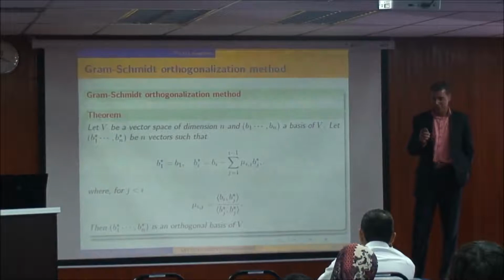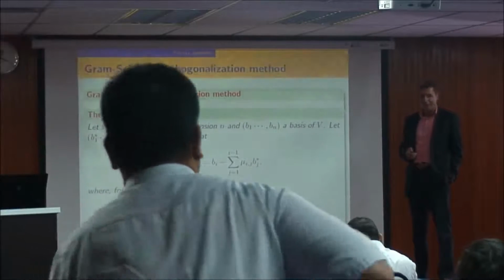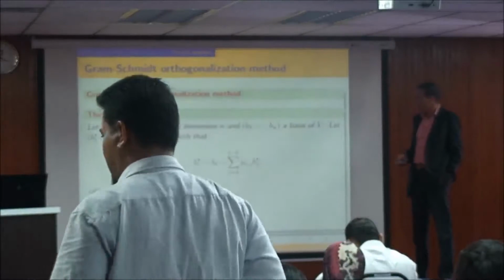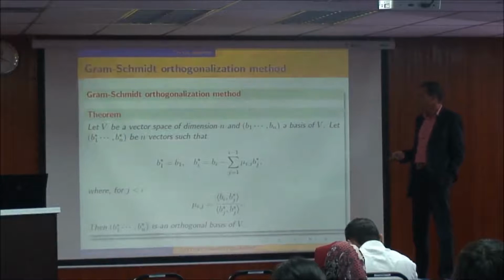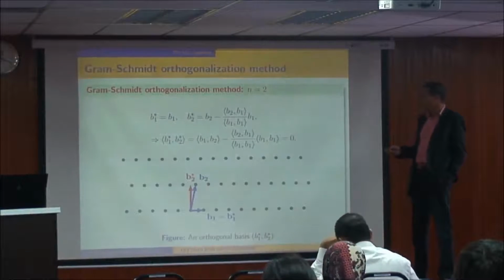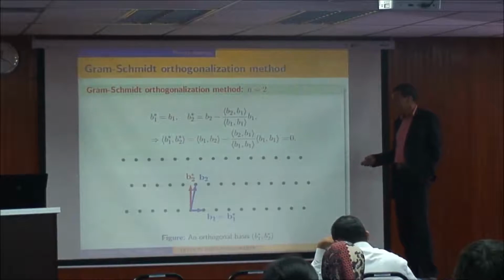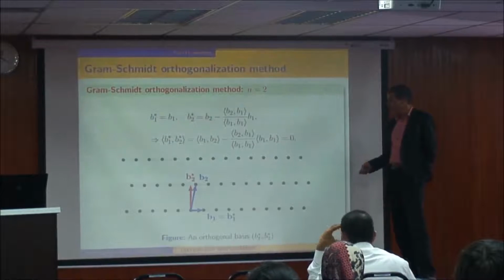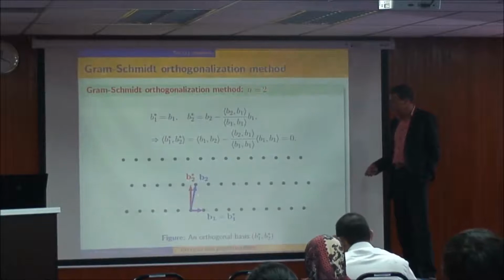This theorem is used by the LLL algorithm for finding a good basis. The process of the Gram-Schmidt orthogonalization method is very easy, and we can see in this picture how we can find B1 star and B2 star by using B1 and B2.